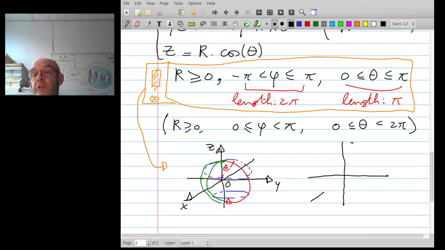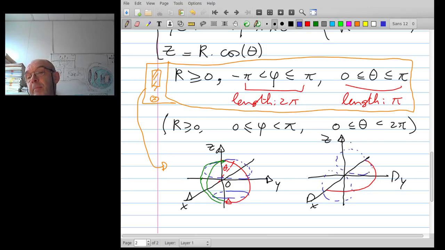And the other one, how can you look at that? You can look at it as follows: you have the xy plane of xyz Euclidean space, and if your phi is between 0 and pi, you have in a certain sense a half circle in the xy plane, and then with your theta going from 0 to 2 pi, you rotate that half circle around the x-axis, and so you get your sphere.